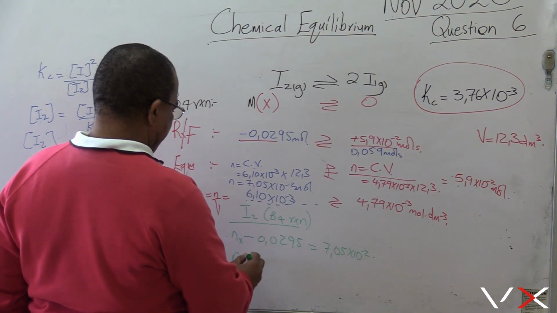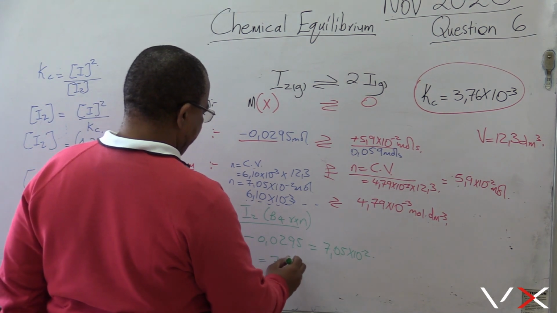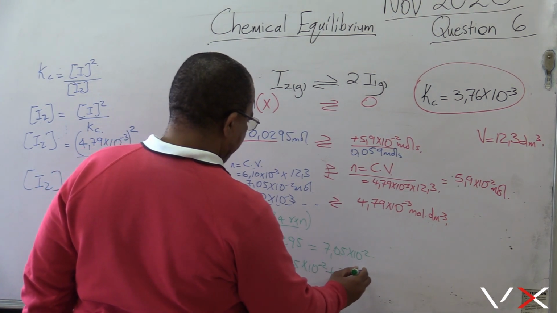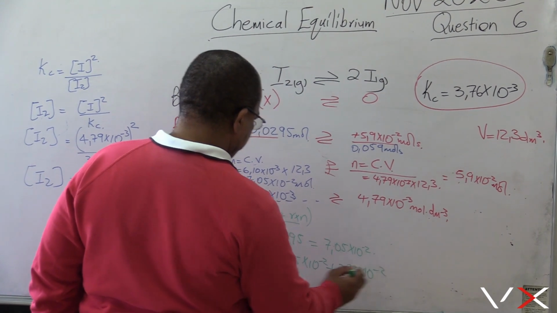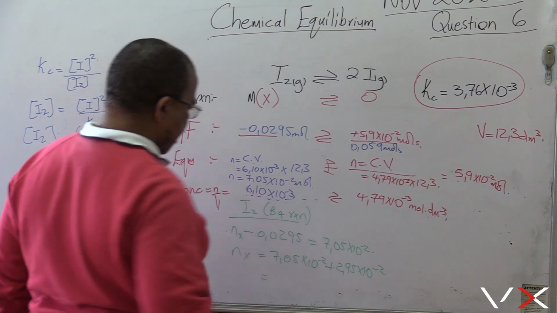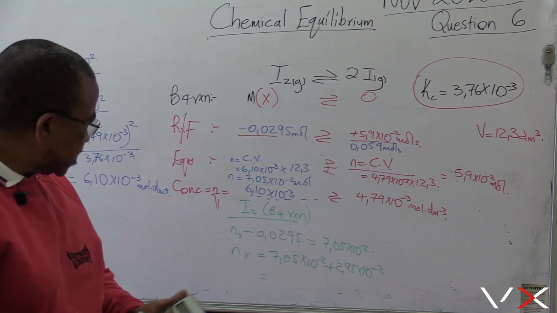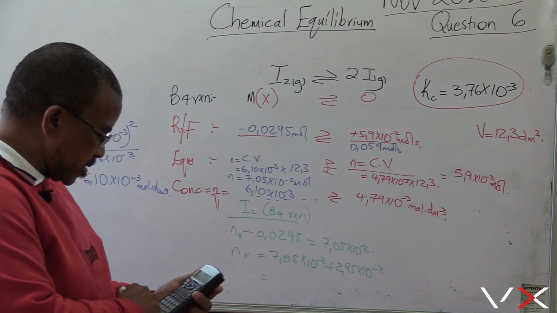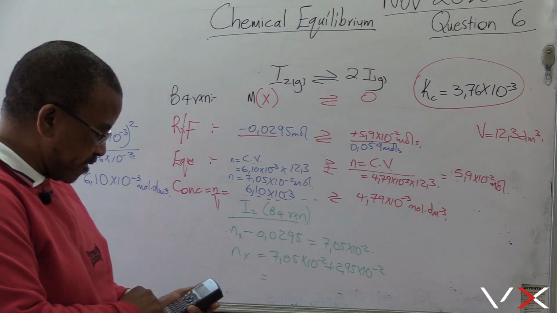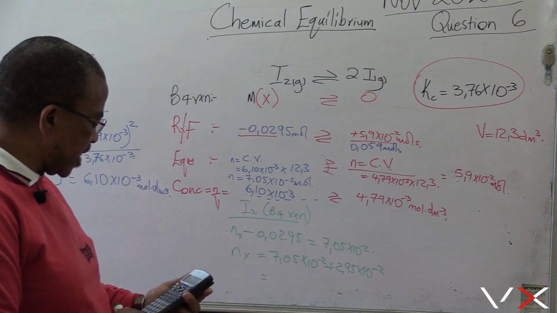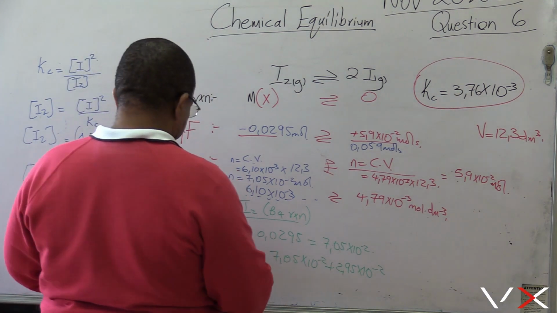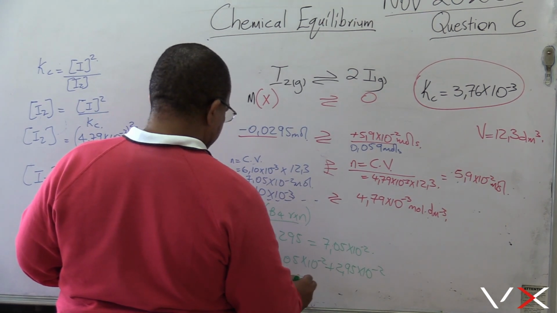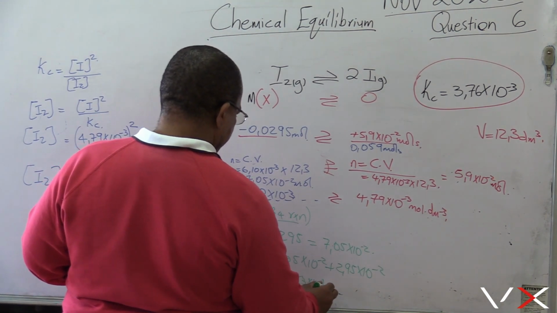So the number of moles is 7.05 times 10 to the power minus 2 plus 2.95 times 10 to the power minus 2, which gives 1.0453 times 10 to the power minus 1 moles.